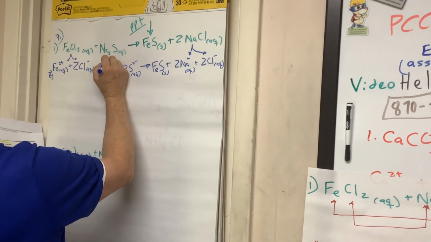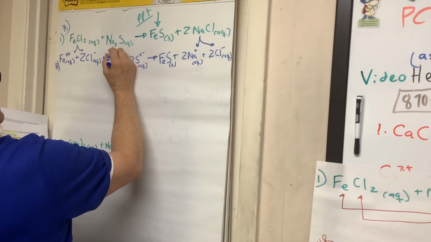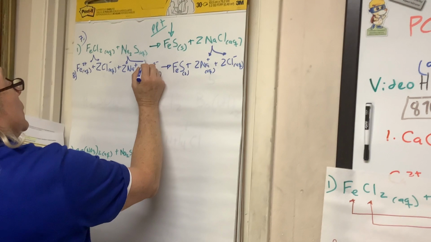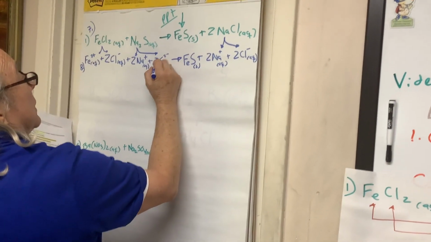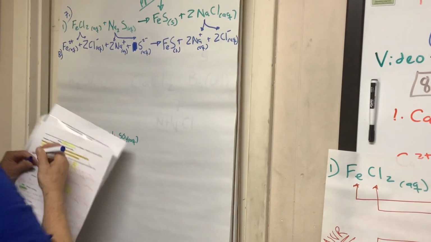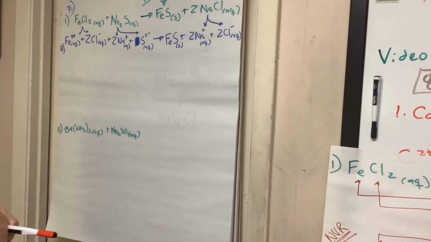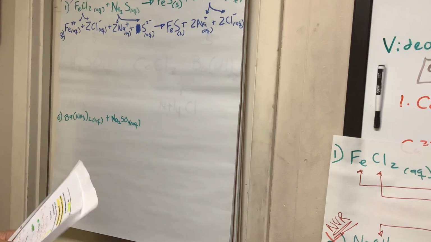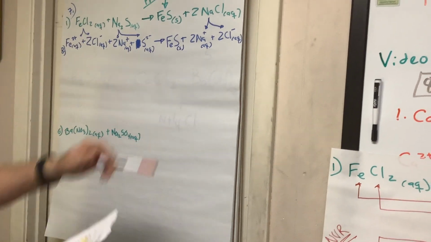And of course, I didn't say this, but my sodium sulfide would break apart into 2 sodium ions and 1, I shouldn't have had a 2 there, 2 sodium ions and 1 sulfide. Okay? You don't need how these break apart.